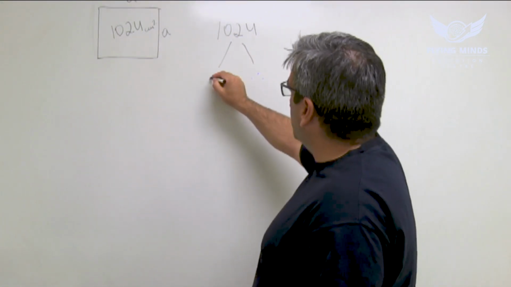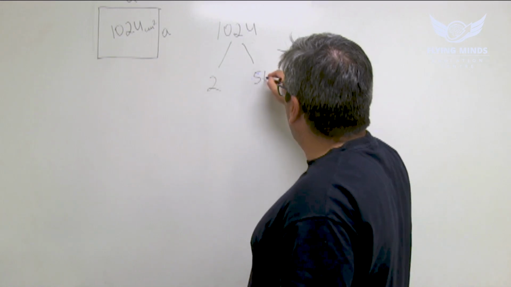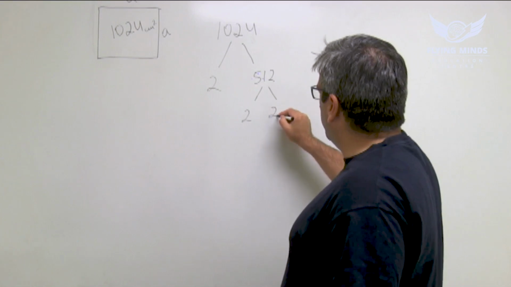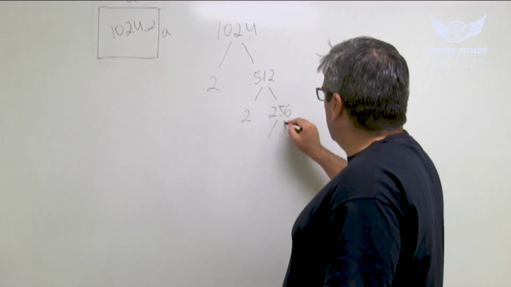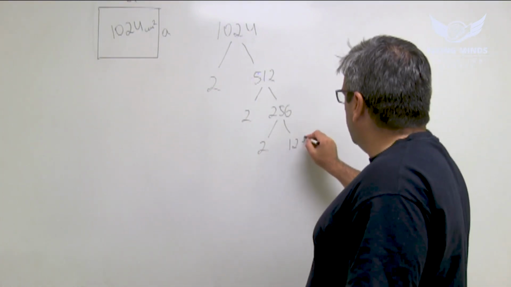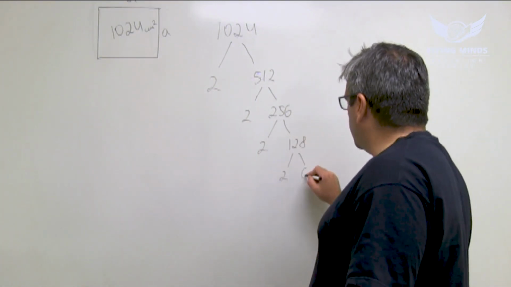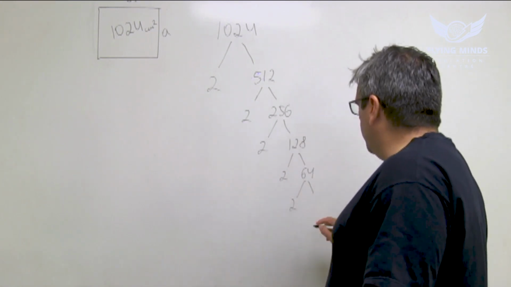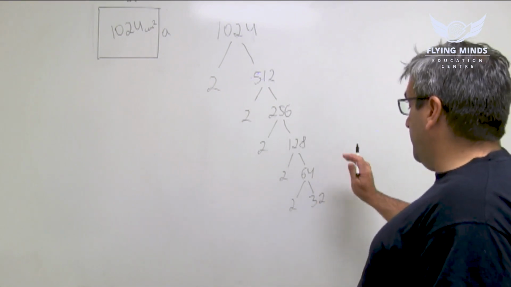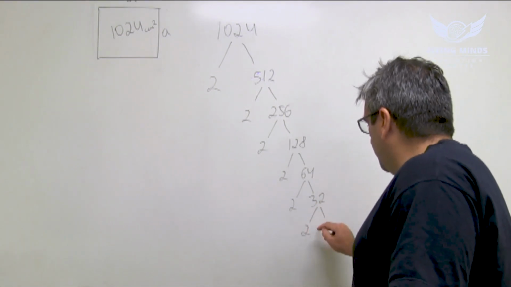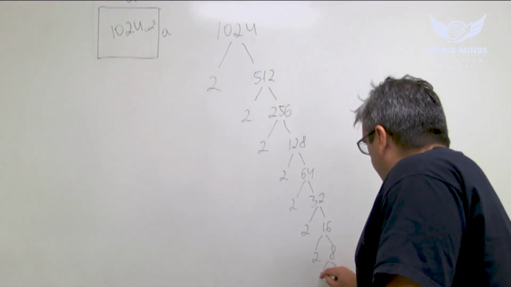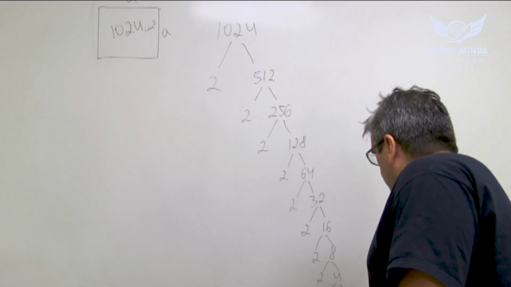It's an even number, so it will be 2, 512, 2, 256, 2, 128, 2, 64, 2, 32, 2, 16, 2, 8, 2, 4, and then 2 and 2.